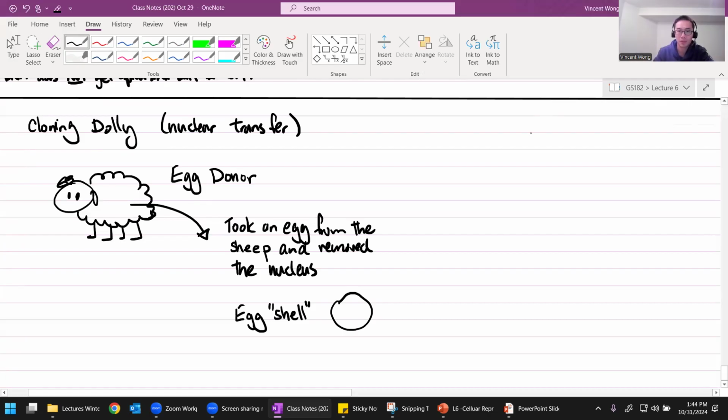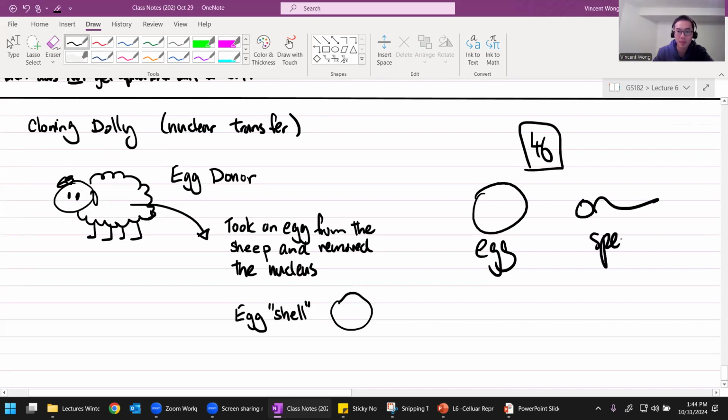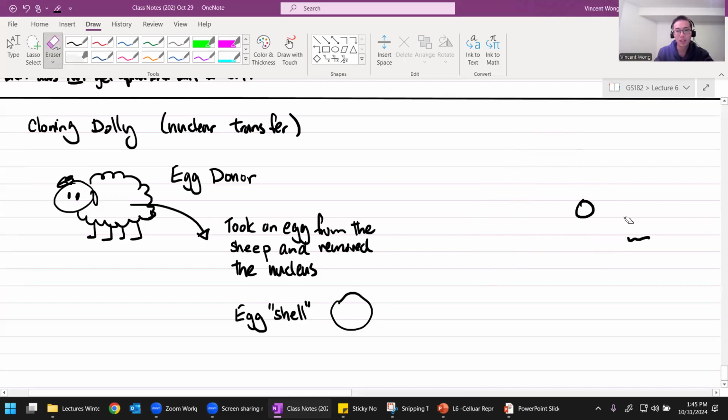Humans have 46 chromosomes. How many chromosomes in egg and how many in sperm, guys? Yes, Trisha, half is correct. 23 and 23, right? So when the sperm fertilizes the egg, you get the 46 back. Everybody familiar with this concept? So what they did was they took the egg and removed the nucleus. That nucleus only had half the genetic material, so they threw it away.